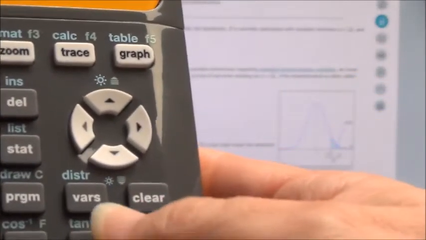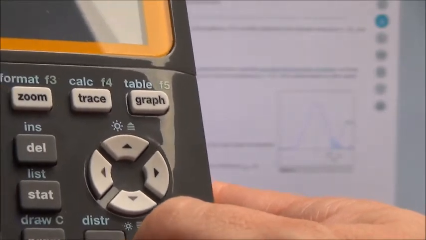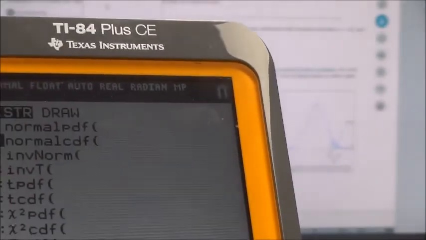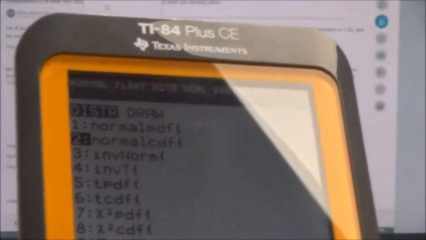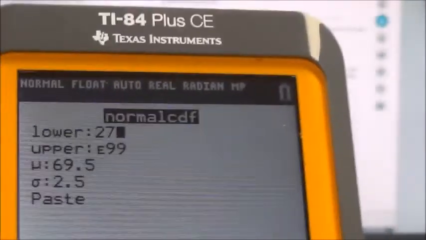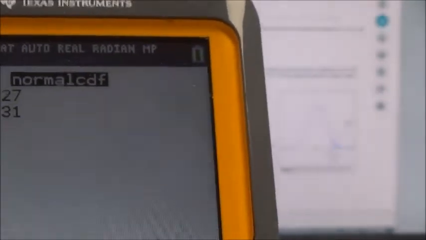So again, I'm hitting the second function button. I'm doing my VARS key for the distribution menu, and I'm doing number 2, the normal CDF. In this case, I want my lower number first, which is my 27. My upper number would be the 31. My mean is going to be 28.